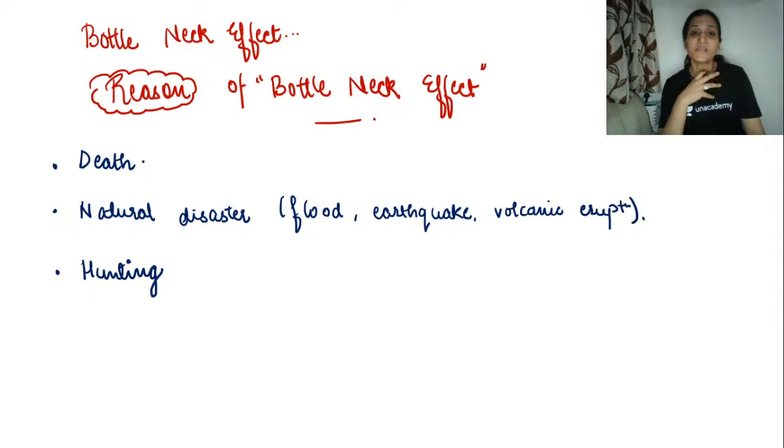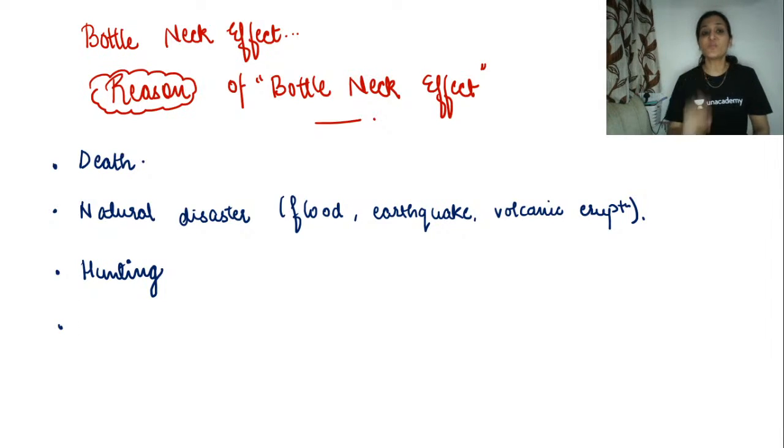There is a lot of variation, and if just a small number are left, for example if there are 1,000 tigers all over India and all of them are hunted and only 10 or 20 are left, then the genetic variability in those 20 will be the only thing propagated further, or passed on. All the rest of the variations would be eliminated from the population. There are many examples based on hunting which are related to the bottleneck effect. Then, fragmentation of habitat.